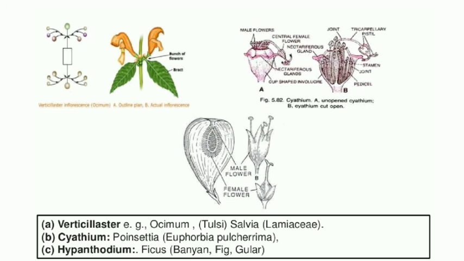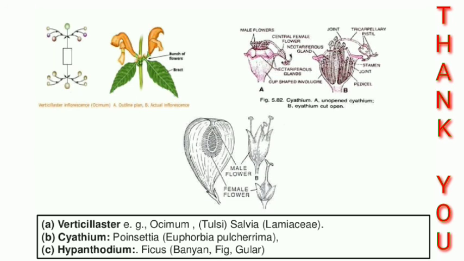In case of racemose, the apical bud will continue to grow and the flowers are produced on lateral sides at different nodes. But in case of cymose inflorescence, the apical bud becomes a flower, means the growth will be stopped by producing the flowers. And we also came to know about types of racemose inflorescences and types of cymose inflorescence, with these three special types of inflorescence, Verticillaster, cyathium and Panthodium.